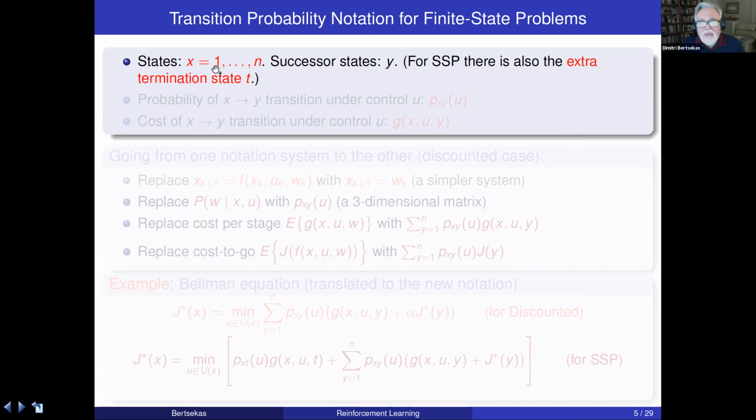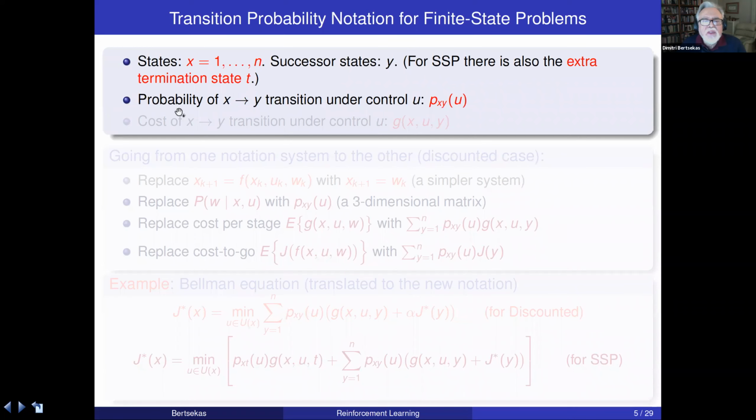Here, and for the rest of the talk, we're going to be assuming that the number of states is n, and we label them by 1 through n. And the successor states are denoted by y. So the transitions are from x to y. And okay, so for SSP, there's also the termination state t in addition to these n states.